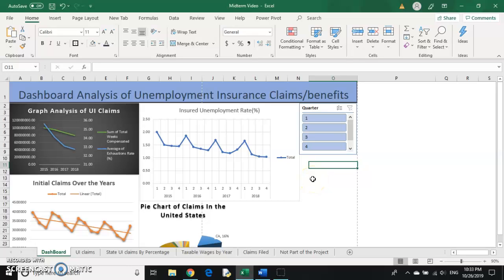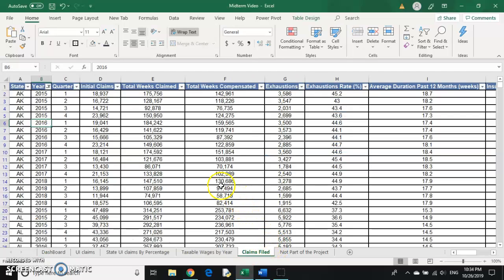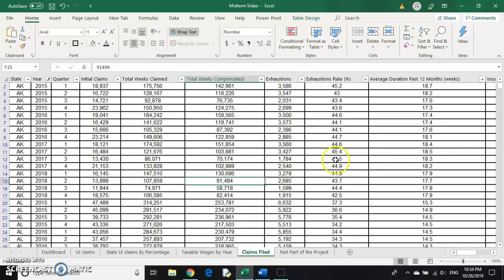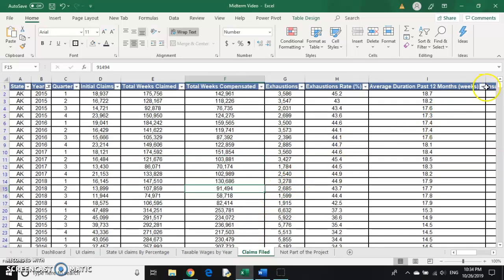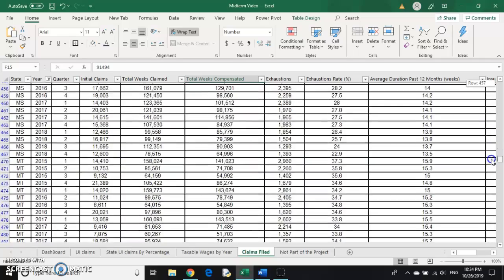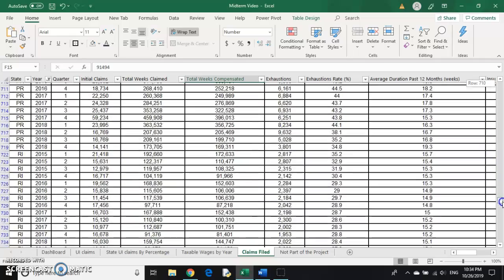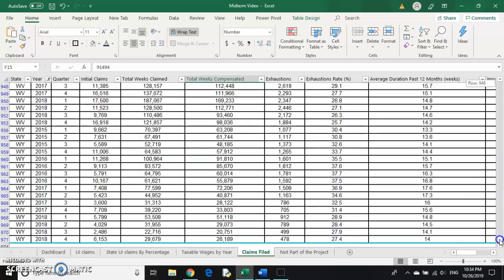Before jumping into the project, I want to talk a little bit about my data. This is data I obtained from the United States Department of Labor in the unemployment insurance data section. These are official data, and as you can see, this table has a tremendous amount of data.